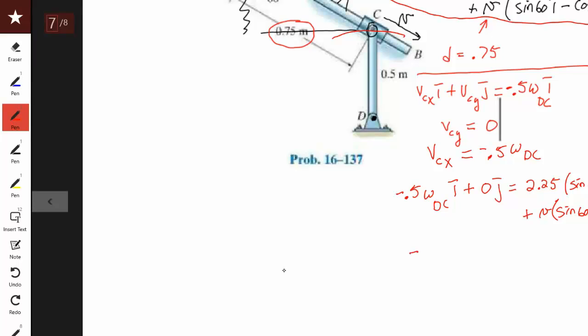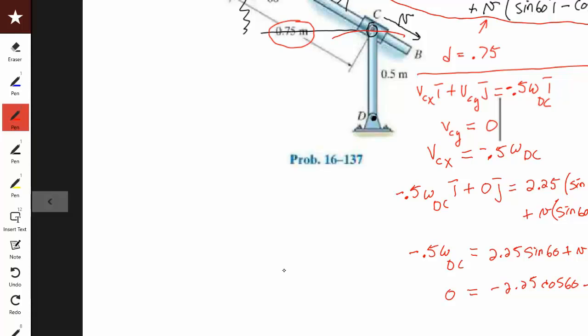So over here I've got a minus 0.5 omega dc equals, okay, over here on the right I have 2.25 sine of 60. I have another one plus v sine 60. Okay, on the left, how many j's? I got none. On the right, I have a minus 2.25 cosine of 60 and a negative v cosine of 60.